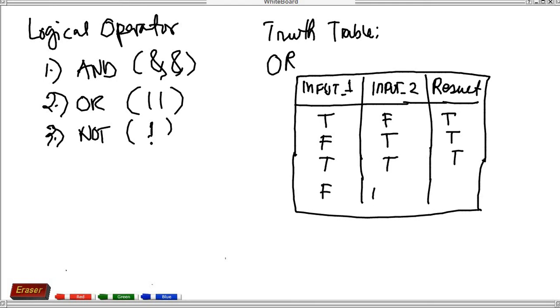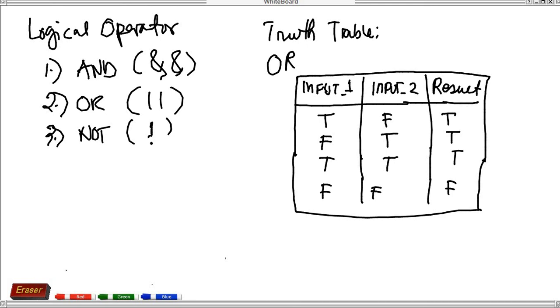If both inputs are false, the result is false. So if you notice, it will only be false if the two inputs are false. So kabaligtaran pud siya sa AND. Okay? Take note here sa OR, if one of the inputs is true, automatic true ang iyang result.